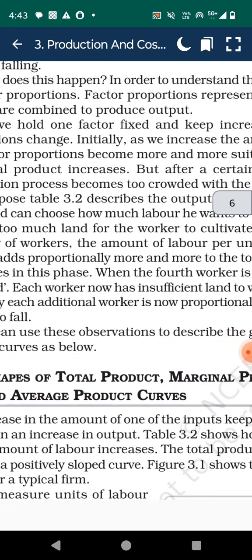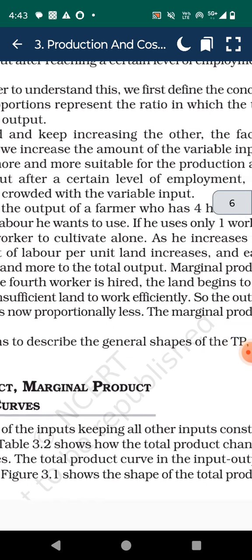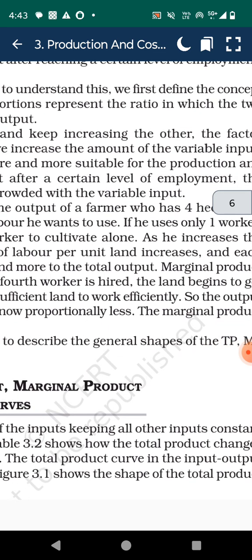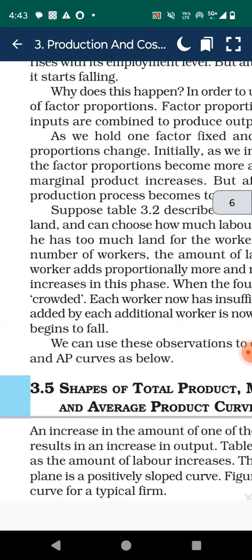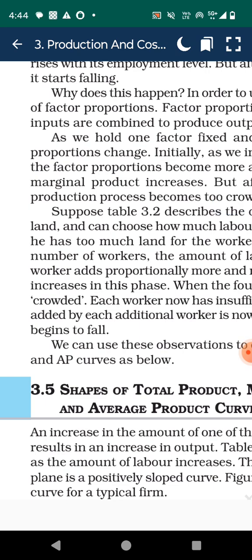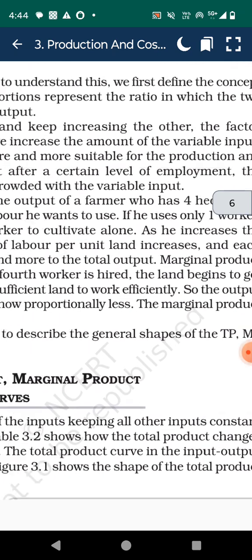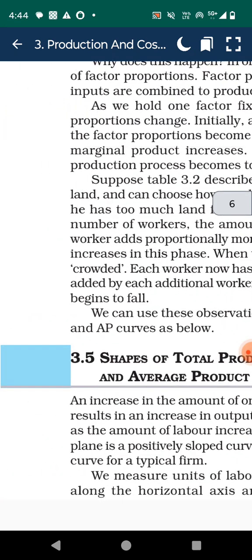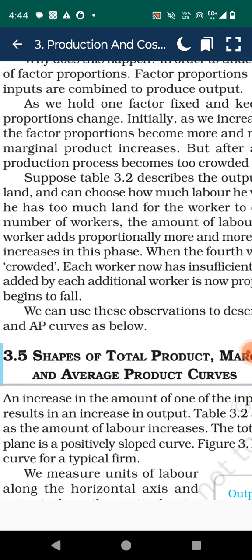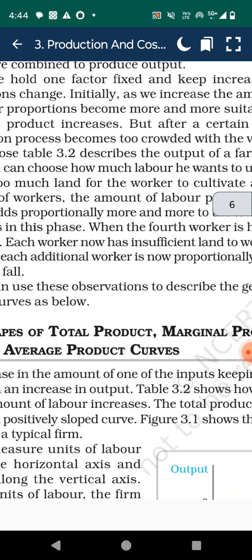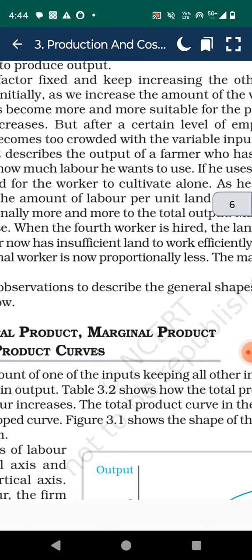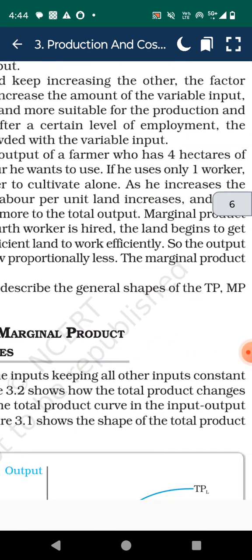Why does this happen? In order to understand this, we first define the concept of factor proportion. Factor proportion represents the ratio in which the two inputs are combined to produce output. As we noted, one factor is fixed and we keep increasing the other.